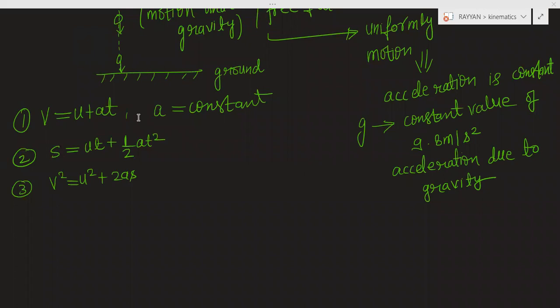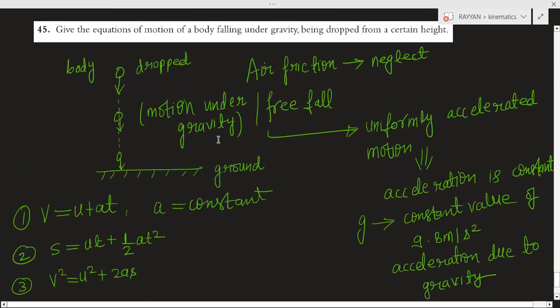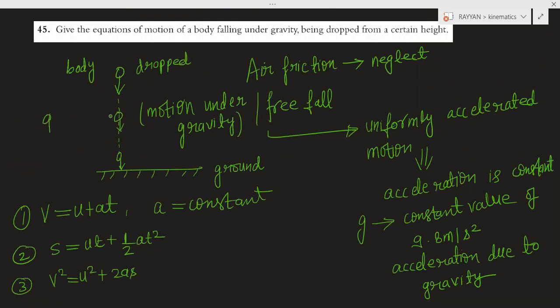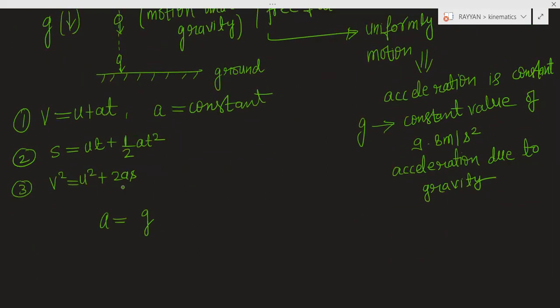So, three equations of motion. Now, if you put a is equal to g, I told you the direction of acceleration due to gravity is in the downward direction, and downward direction we will take negative, and upward direction we will take positive. That is why this g will be negative.